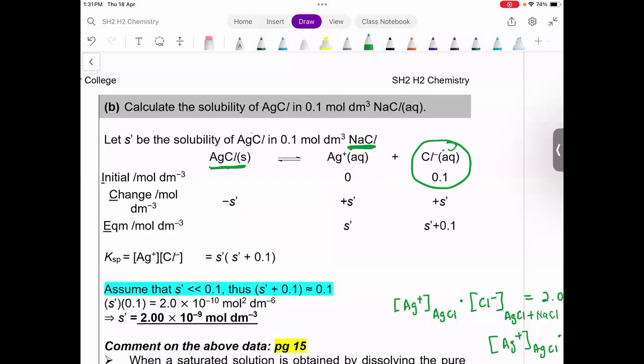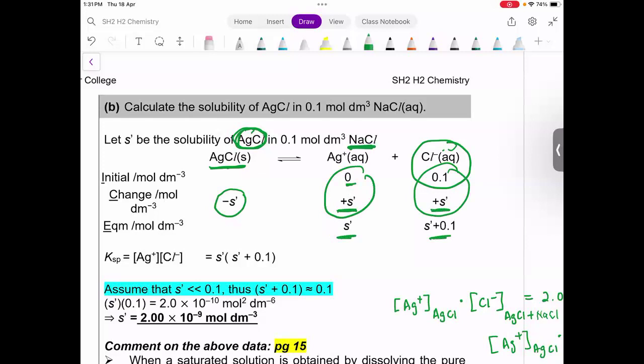Ag+ is still coming from your sparingly soluble solid and has not taken place yet, so 0. Next, when your silver chloride starts to dissolve, you will have s' of Ag+ and s' of Cl-. Then you add them up to get the concentration at equilibrium. Make sense?